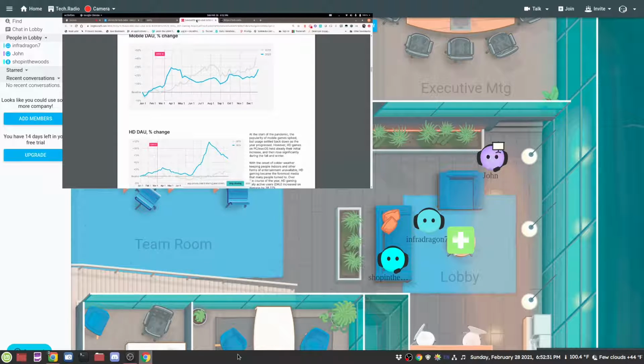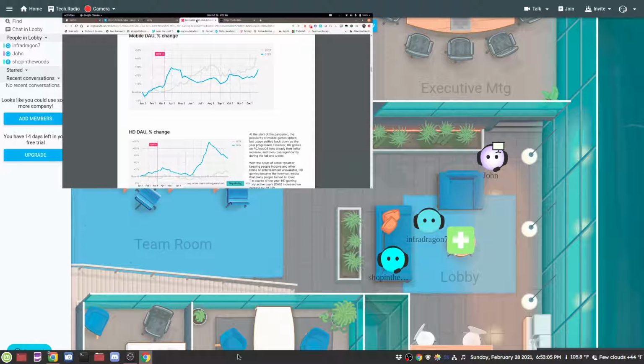And what they saw is that sales and interest in mobile games shot up when the pandemic first started. From mid-March through about the start of May, there was a big boom, about a 30% increase sustained over that period in interest in mobile gaming, when everything was locking down and everybody had a lot of free time. Then it started dwindling back down again, but it was still growing. So you've got to be careful. It was still above last year's levels.